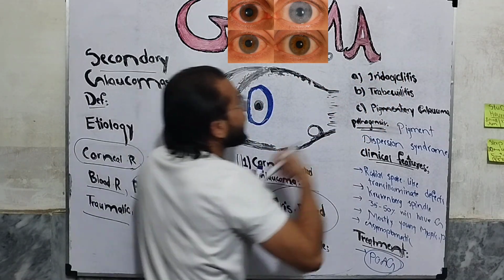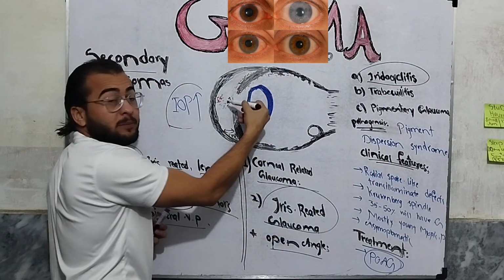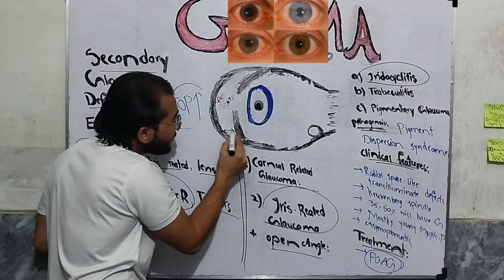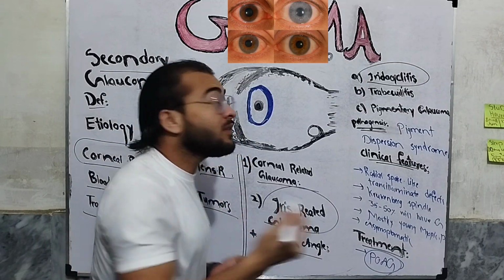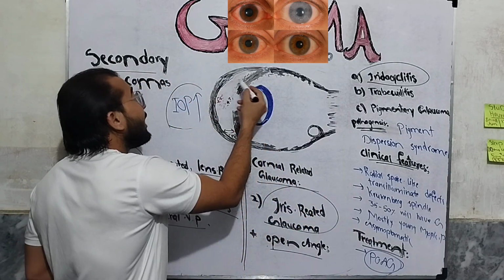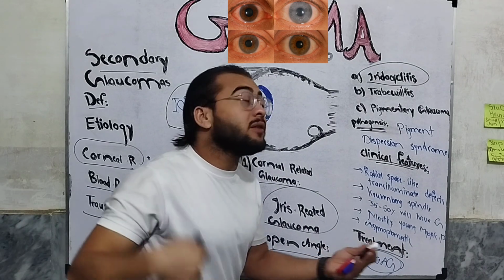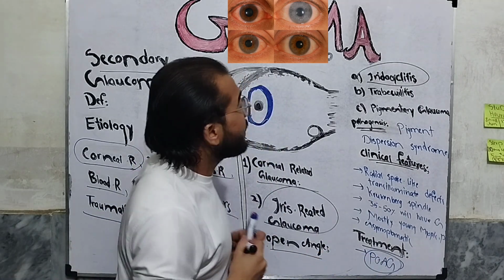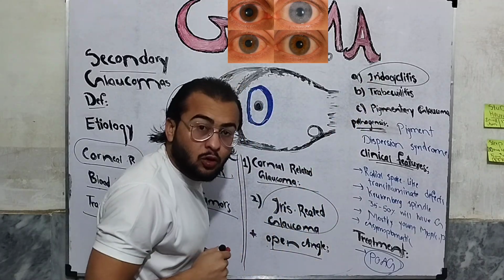It will release the inflammatory infiltrate, and this inflammatory infiltrate will block the trabecular meshwork and hence will elevate the IOP. The corneal-related can cause iridocyclitis, and iridocyclitis can also be present due to other causes. So this is an open-angle secondary glaucoma.